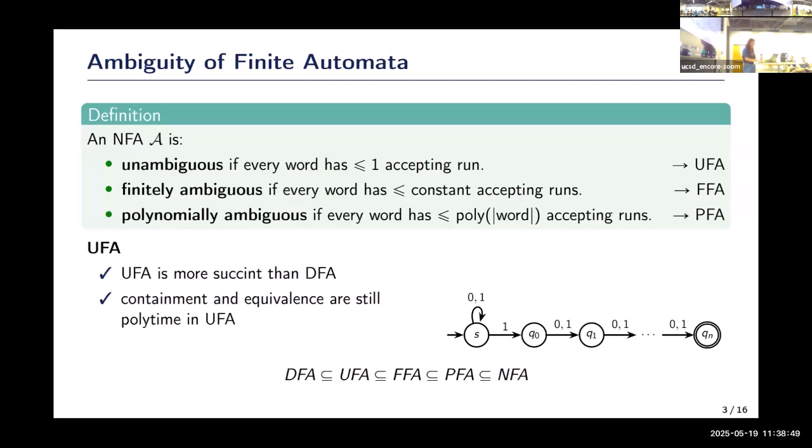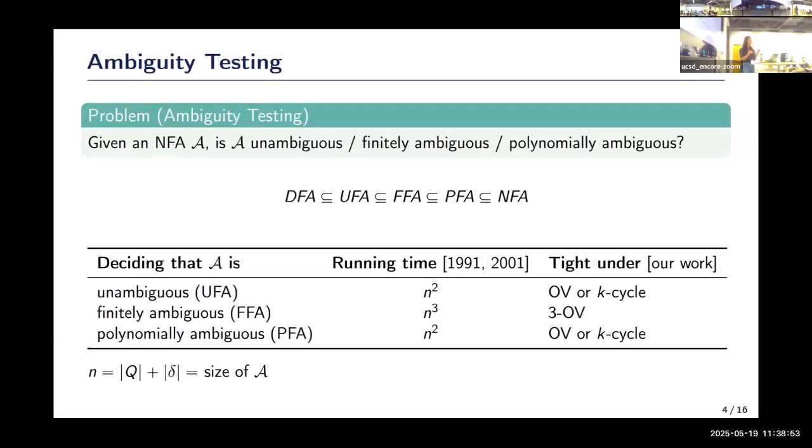Now the problem I want to solve is: given an NFA, is it unambiguous, finitely ambiguous, polynomially ambiguous, or not at all? Let's say exponentially ambiguous would be if you're not polynomially ambiguous. Basically, I'm given an NFA and I want to place it in the right class here.